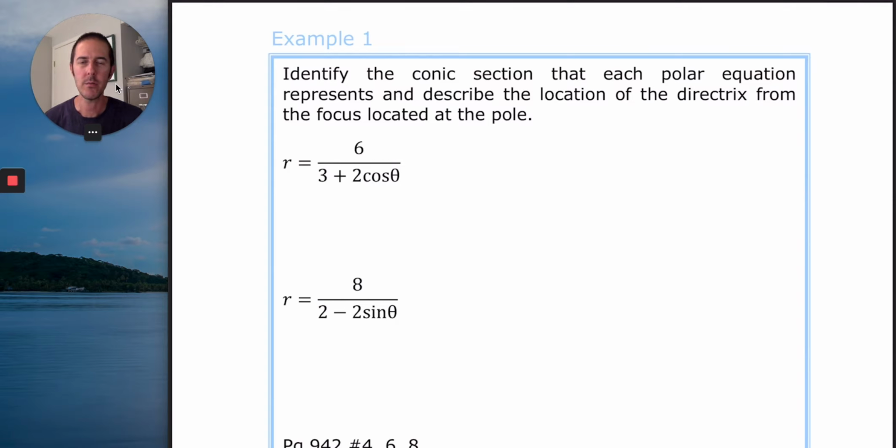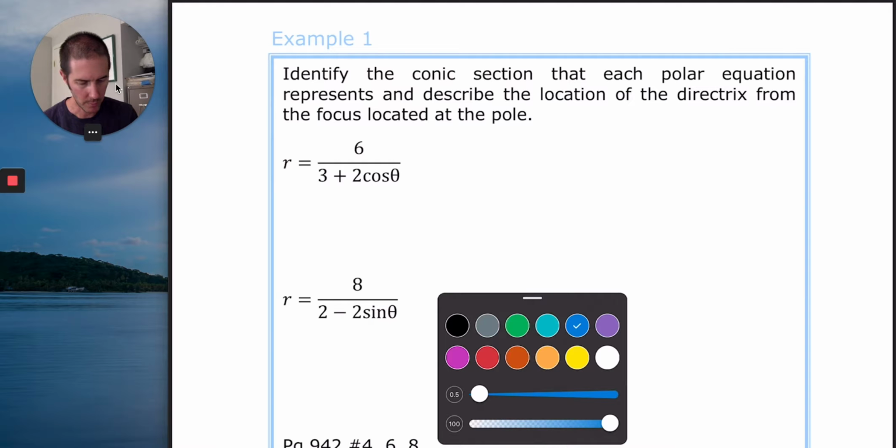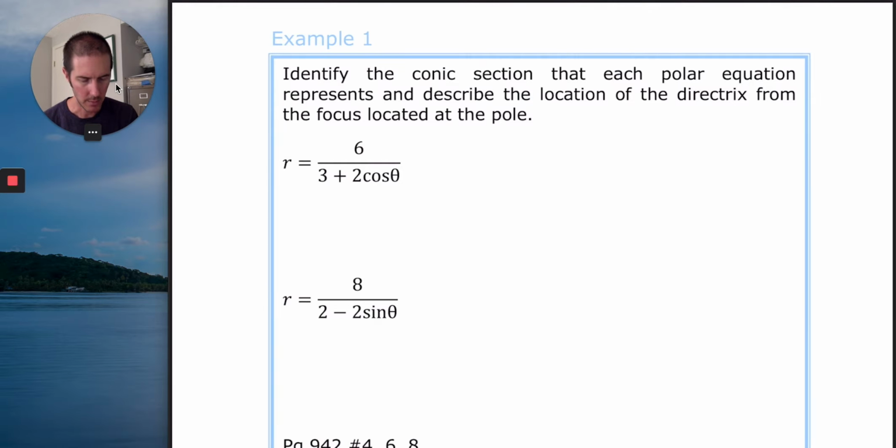Now in these equations we have the challenge of identifying which conic would be graphed as a result of graphing these equations. And remember, we can make that determination based on the eccentricity. So let's see what we can do. I think I'm going to keep using blue. Let's make that line a little thinner.